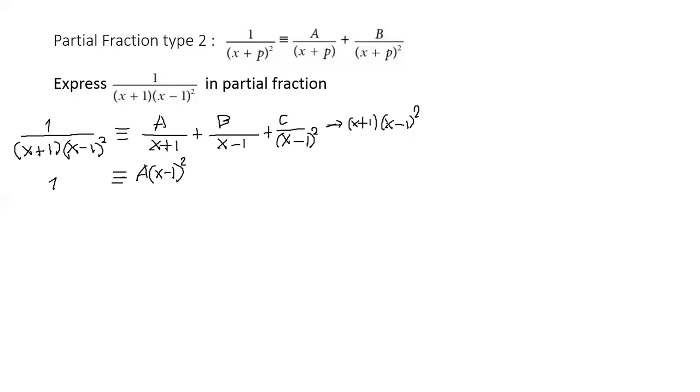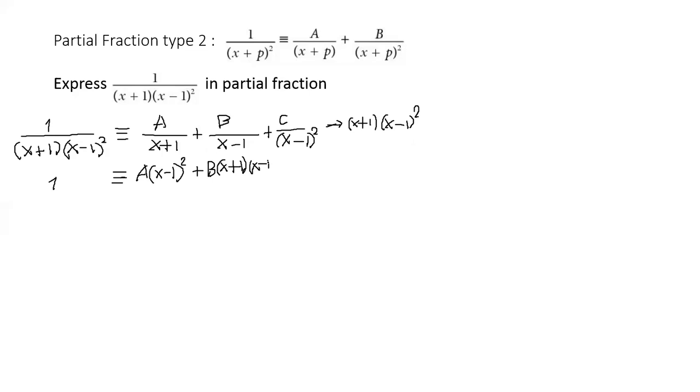If x plus 1 times x minus 1 squared times b over x minus 1, this term divided becomes b times x plus 1 times x minus 1.